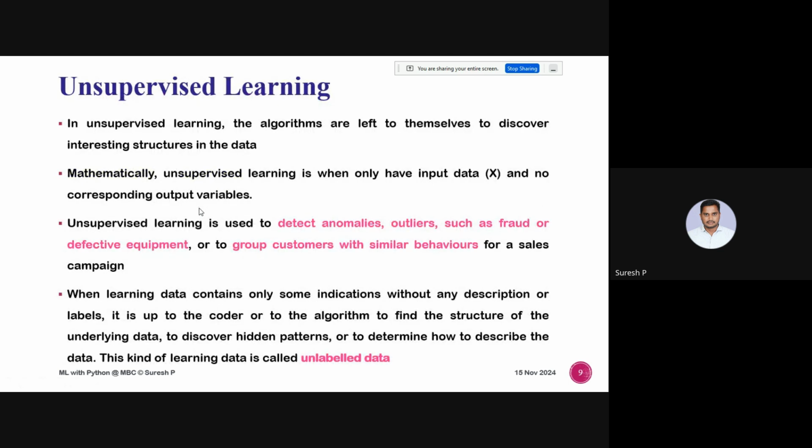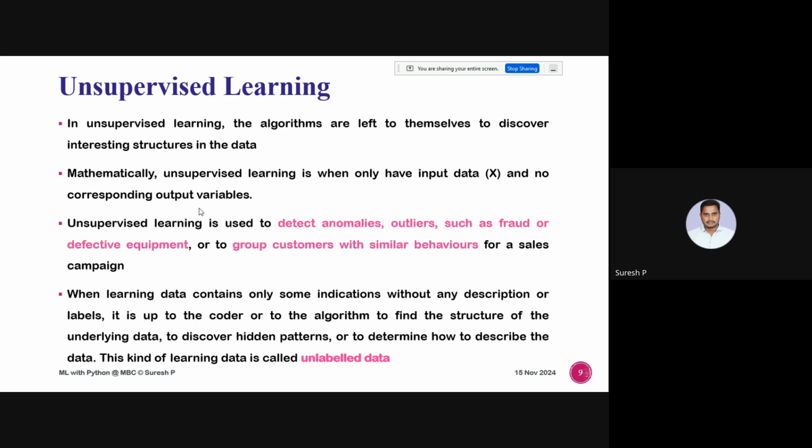The next one is unsupervised learning. As I said already, in unsupervised learning the training data will not have the respective outcome. It will have a lot of attributes in the input data, and from the input data the algorithm learns by itself to discover interesting structures.